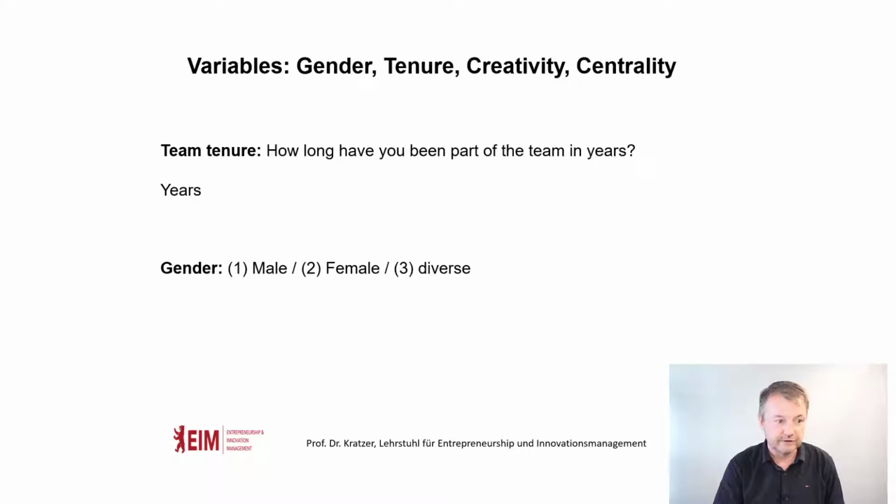Today we will use the same variables: team tenure, how long people have stayed in a team, in years, and gender as a variable with actually three expressions: male, female, and diverse.